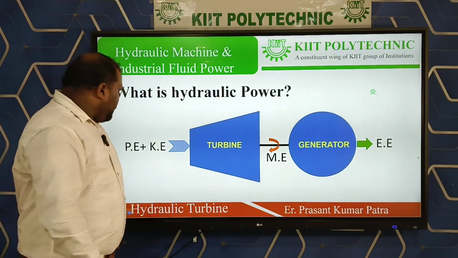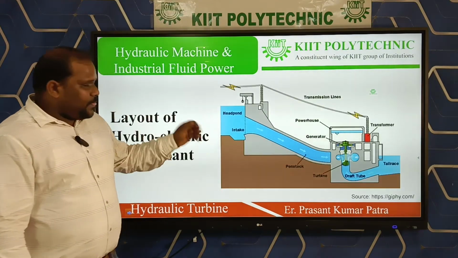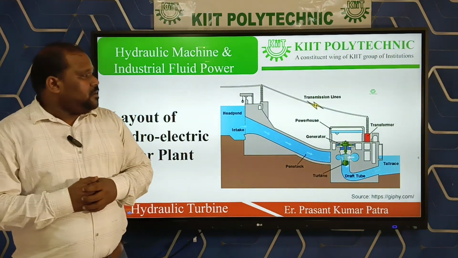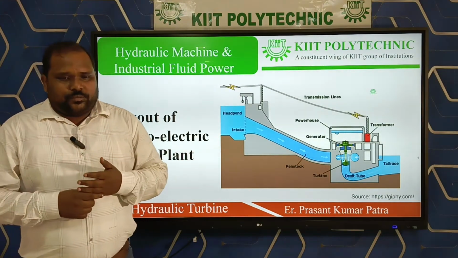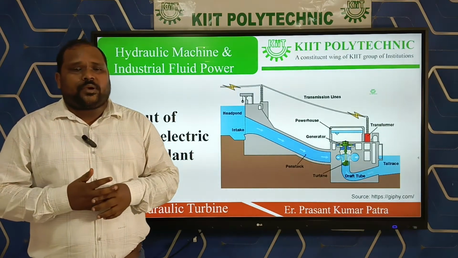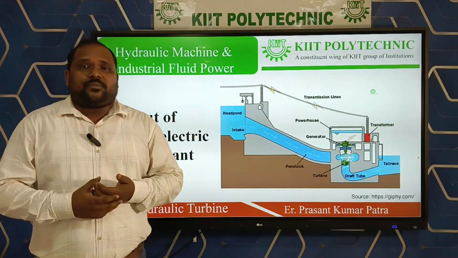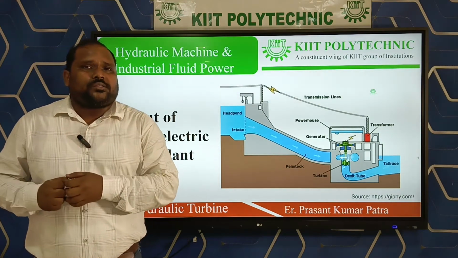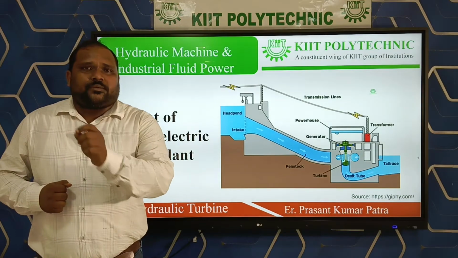So what is that hydroelectric power plant? We will discuss. This is the general setup for a hydroelectric power plant. In Odisha, in Hirakud, there is a hydroelectric power plant where we use the turbine, and the entire setup is there where power is produced, and that kind of power is known as hydroelectric power.